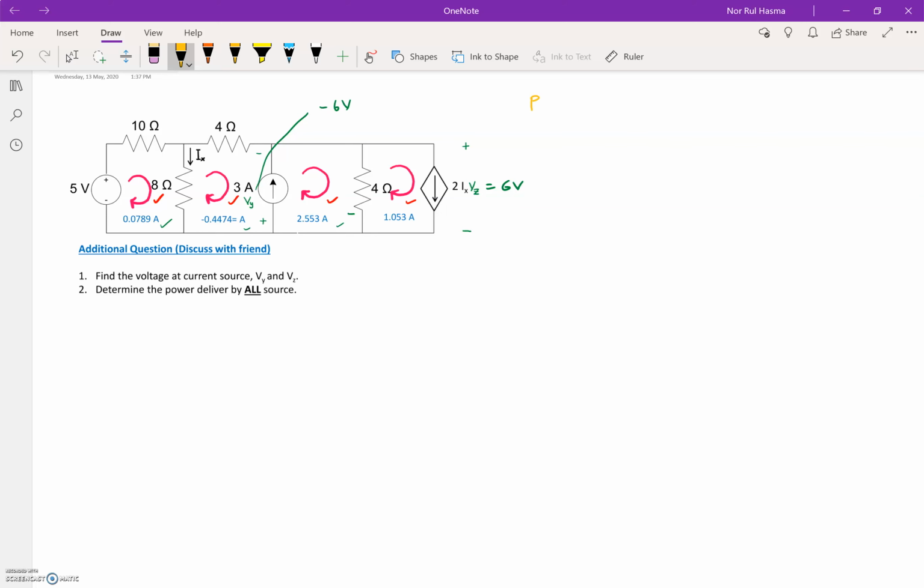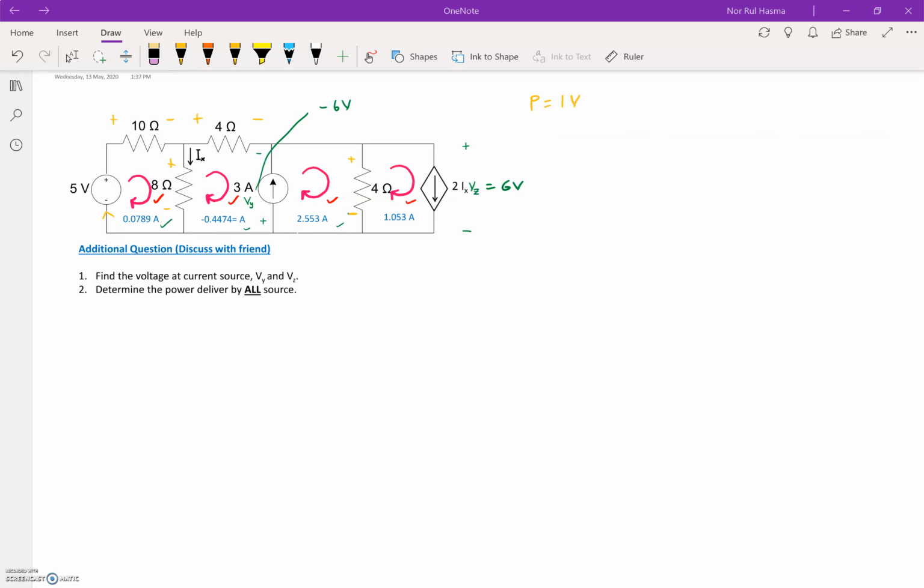So okay, P is equal to IV. It means that you have to find the voltage for each of the elements. So I select, for example, here as plus, minus, plus, plus. And then determine the equations of each element, either it has a positive or negative IV.